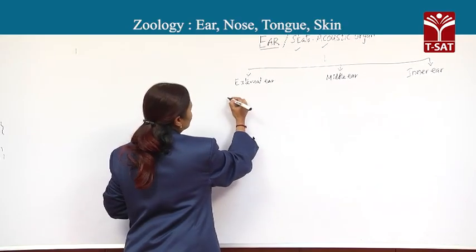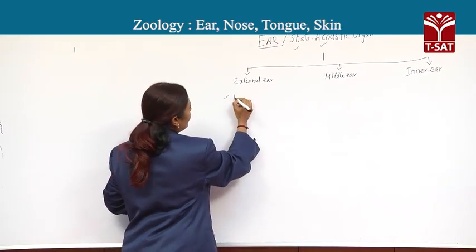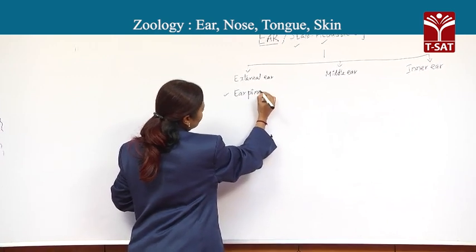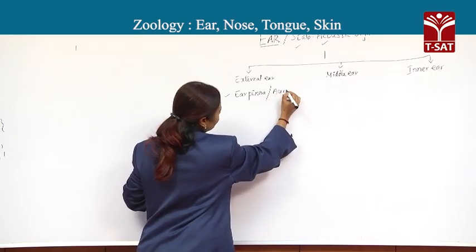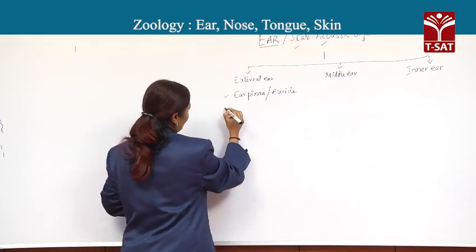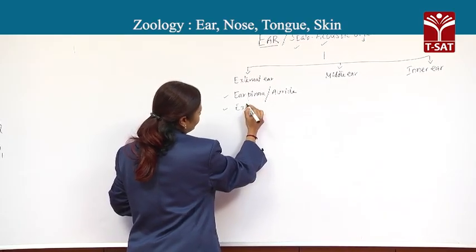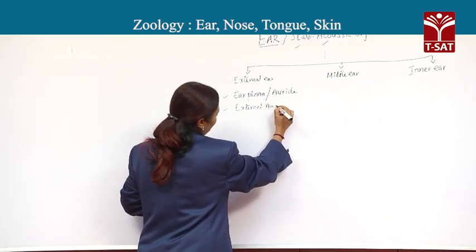The external ear has three parts. What are they? Number one, ear pinna, otherwise called auricle. Number two, external auditory meatus.